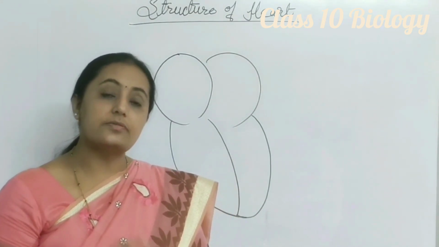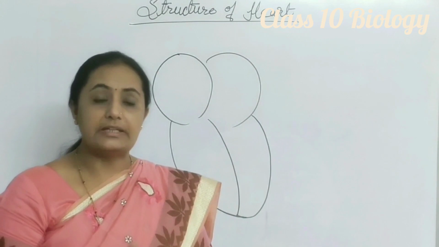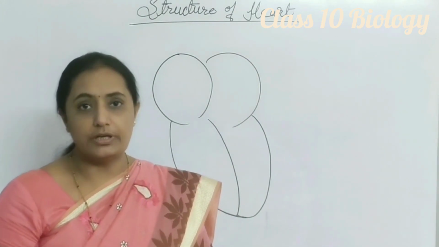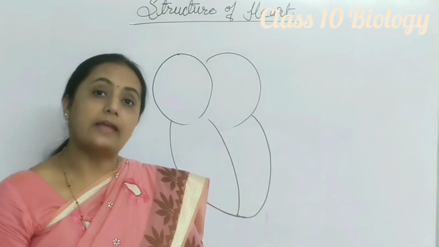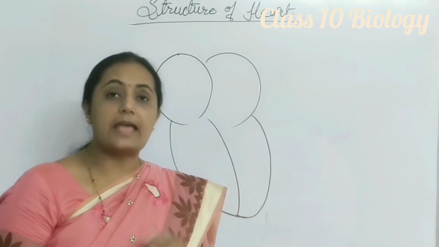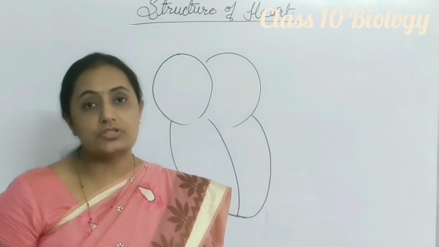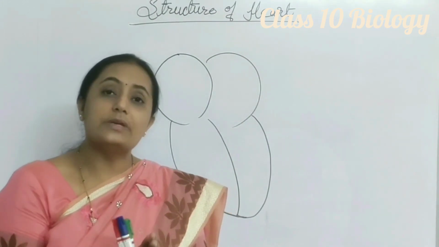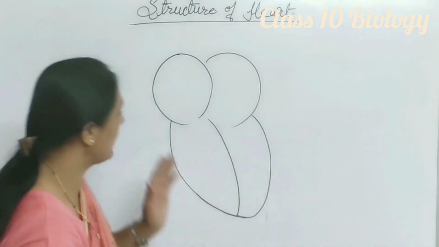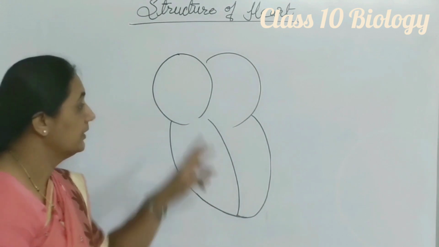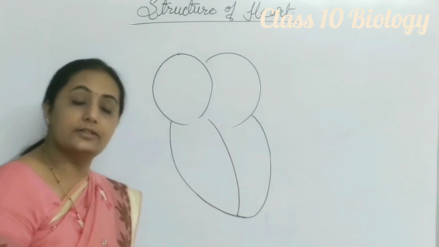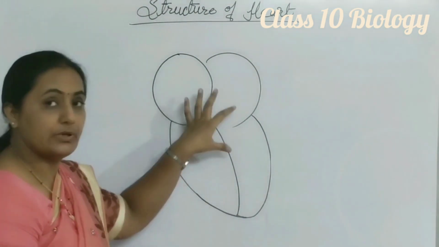So oxygen is an important material required by the body, and it is carried from the lungs with the help of blood. So oxygenated and deoxygenated blood have to be kept separate, and to keep them separate, the human heart is divided into 4 chambers.